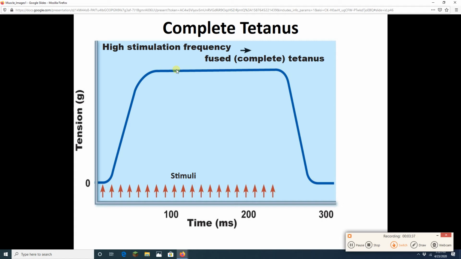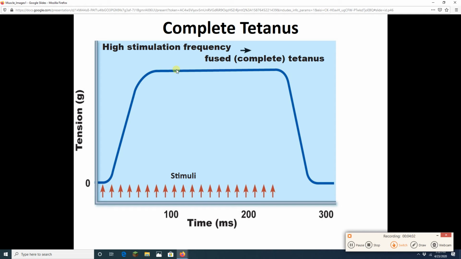But if we stimulate it again, we release more calcium, which can add to the calcium already released on the first one. Now we have even more calcium the second time around, which means we move even more tropomyosin, which means we can allow even more myosin to grab onto actin and generate even more pulling, thus even more tension.